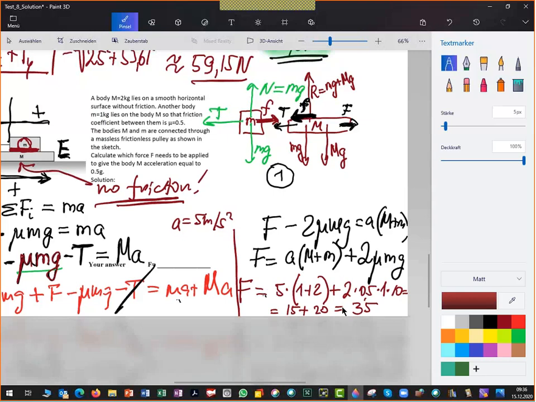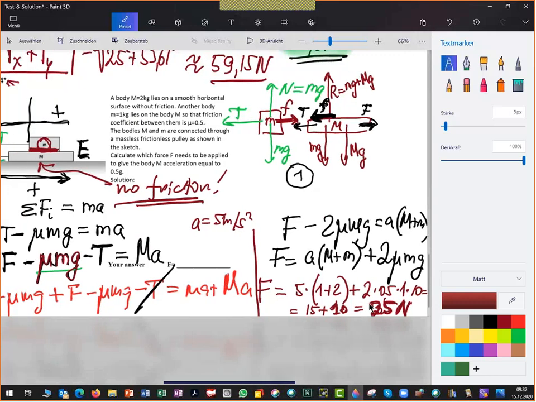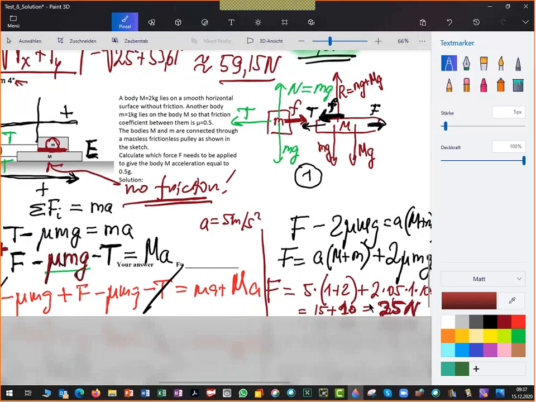No, it's 10 plus 10. 25. 25 Newton. I think that should be the answer.